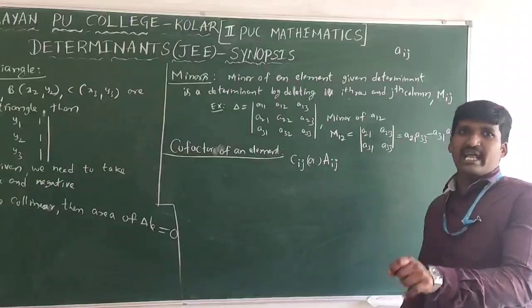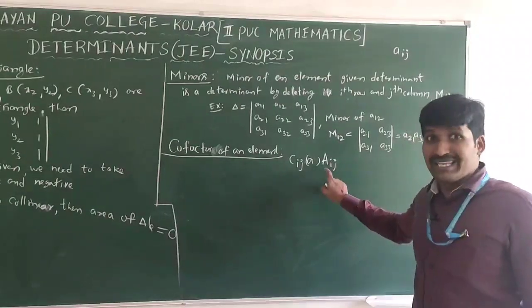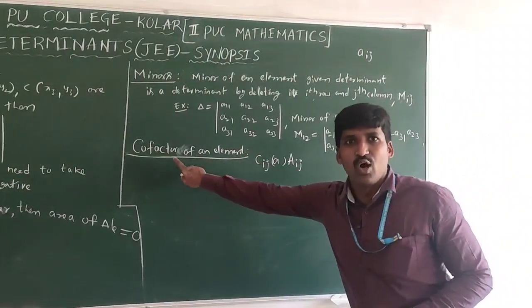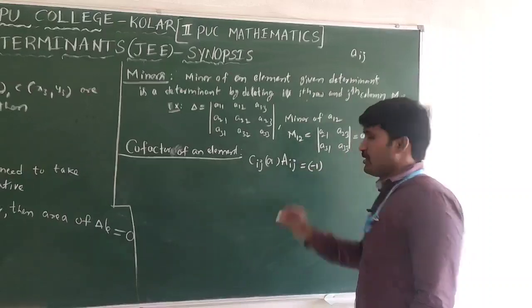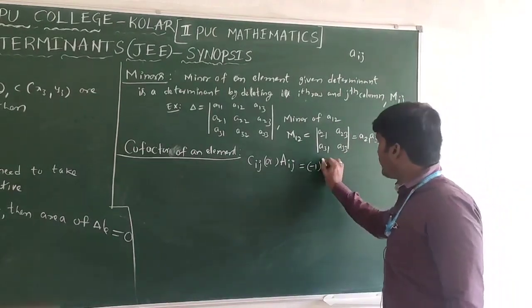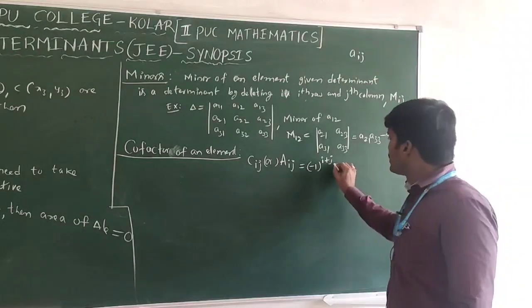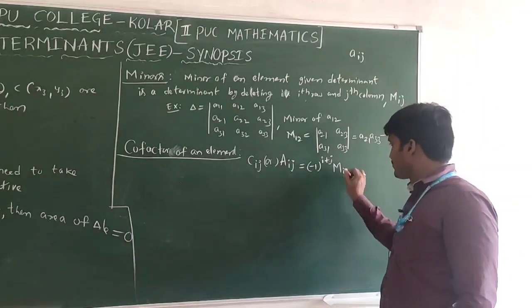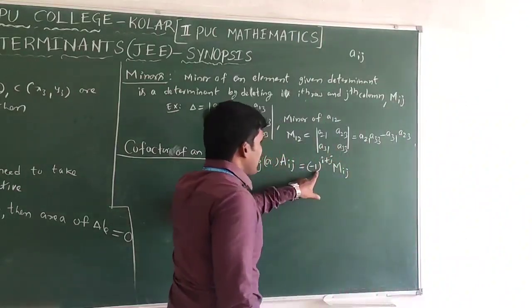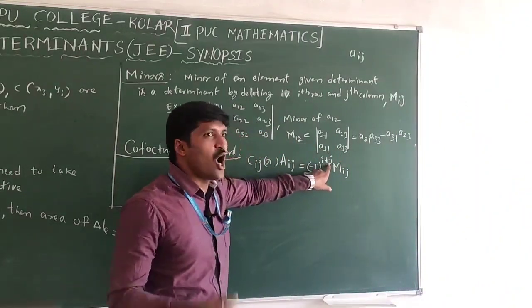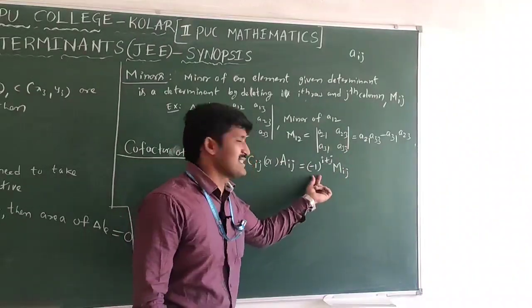Small a is an element, capital M is a minor, and Cij or capital Aij is nothing but the cofactor of an element. How to find this? Very simple. Minus 1 whole power i plus j, where i means row position, j means column position, into its minor. Sign depends on this: if i plus j is odd, you will get minus. If i plus j is even, you will get plus.